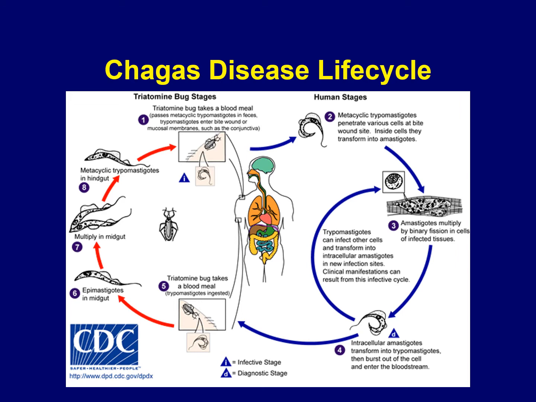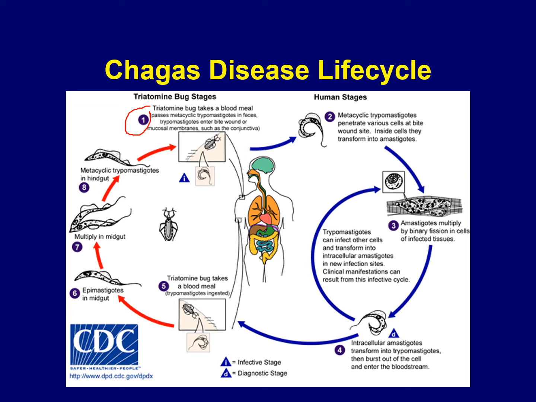We'll start by talking about the life cycle of Chagas disease. And like I said before, the life cycles for all these neglected tropical diseases tend to be complicated and involve vectors, other animals, and humans, and a complex interplay between them. So we'll start here at number one. What happens is that a triatomine bug takes a blood meal on a human, and it passes feces where it takes the blood meal.